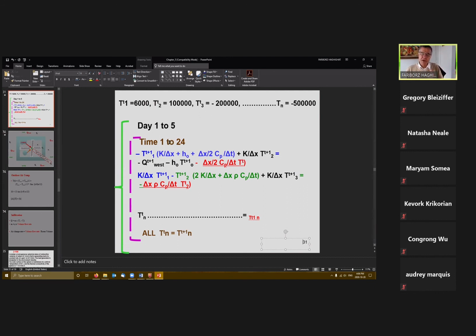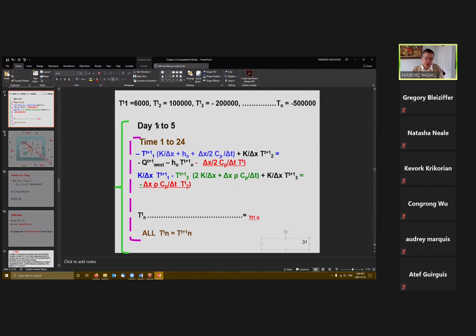When you calculate time equal 2, you need the temperature at 1 o'clock. You already calculated the temperature at 1 o'clock, you keep it here, and then you go back. Since we assume some random number at the beginning, we call it the initial value. The effect of this initial value will pass after 3 or 4 hours, maximum 5 or 6 hours, depending on the mass of the wall we have. And then your result makes sense.